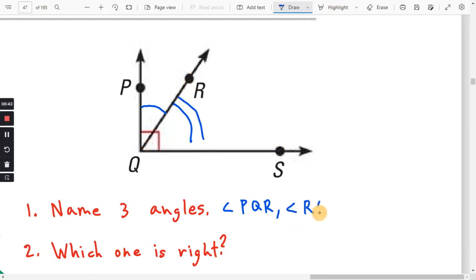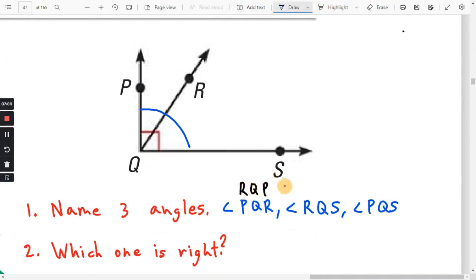Angle RQS. All right, and then the whole thing from here to here is going to be PQS. Angle PQS. Okay, and once again, you can reverse those letters. The first one is the same as RQP. Second one is the same as SQR. Third one is the same as SQP.